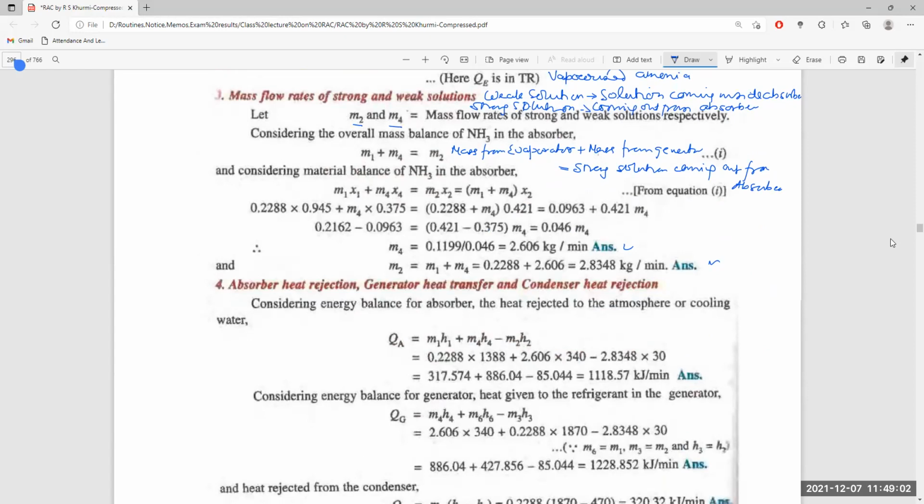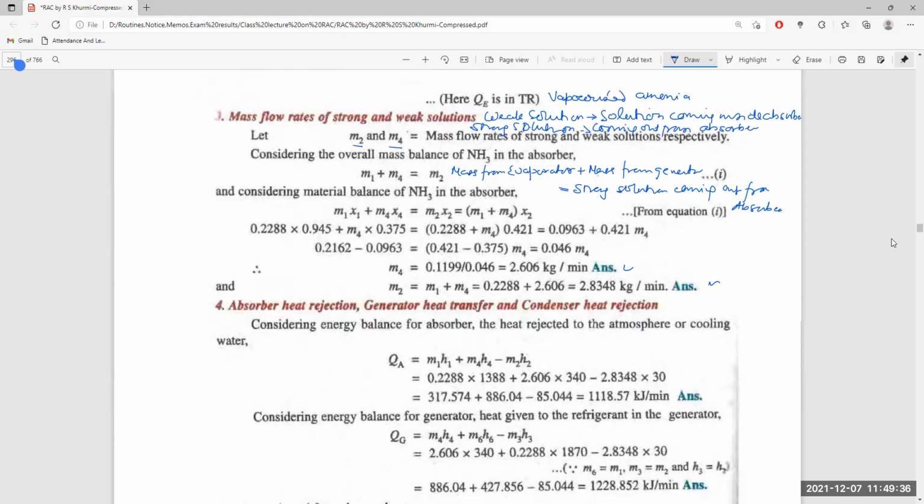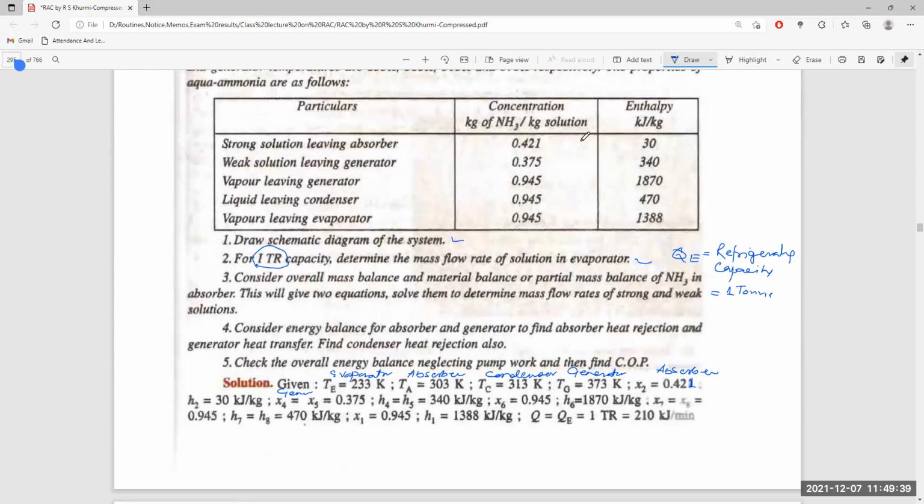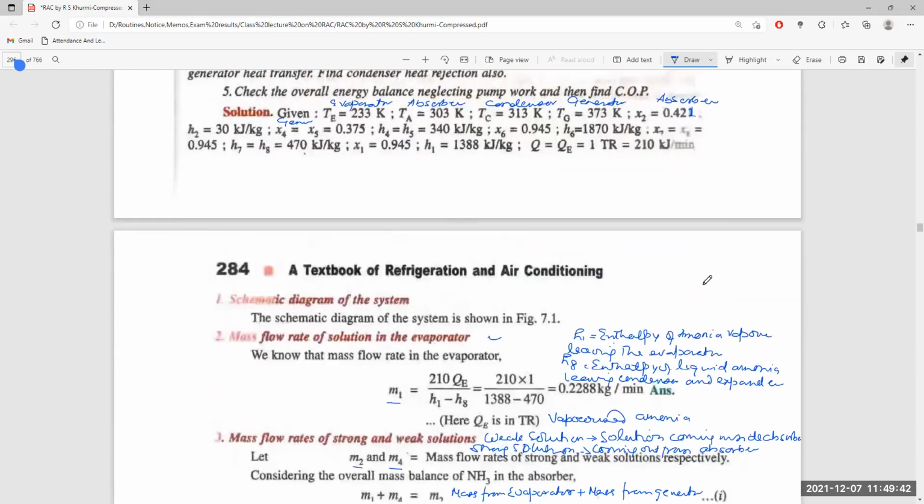The heat rejected to the atmosphere or cooling water, QA, is M1 into H1, the mass coming in from the evaporator multiplied by its enthalpy, plus the mass coming through the weak solution multiplied by its enthalpy, minus the mass coming out as strong solution multiplied by its enthalpy. Here the mass M1 we know, 0.022, which is given, and H1 is the enthalpy at the end of the evaporating operation. The enthalpy of the vapor leaving the evaporator is 1388.